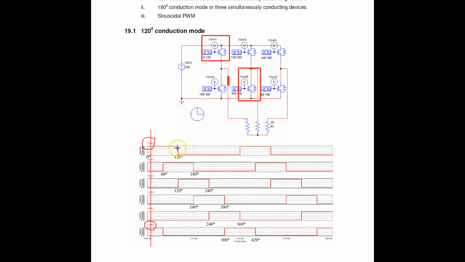So we can actually draw the equivalent circuit of this.